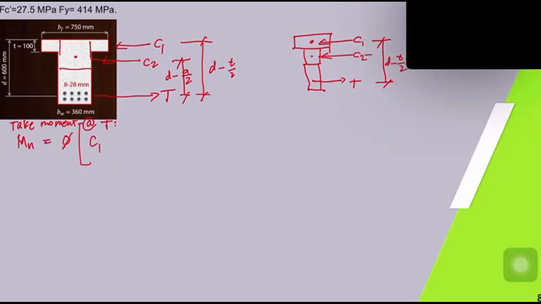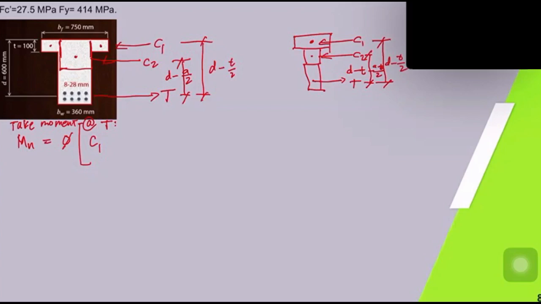Pag ito is D minus T minus yung half nung tawag na ito, alpha minus T, di ba? Alpha minus T over 2. So yan yung moment arm mo naman, pag ganyan yung hati niya. Pag ito naman yung hati niya, so ito naman yung centroid ng dalawang rectangle. So yan, ang moment arm niya.